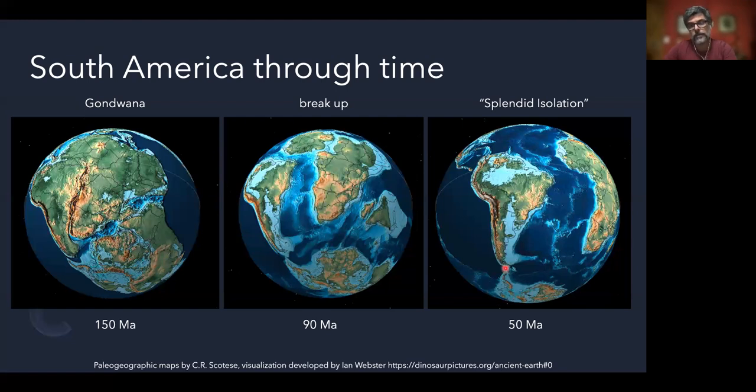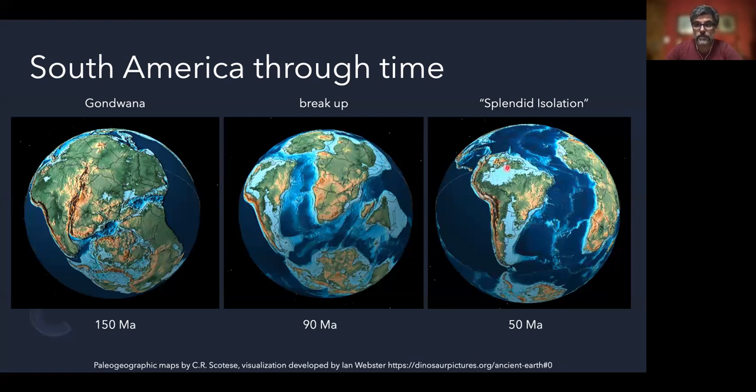And then South America was an island, just a huge island, for a long period of time, between 50 and, well, that depends, we're going to talk about that, down to 3 million years ago, which was the final closure of the Panama Isthmus, connecting South America to North America.